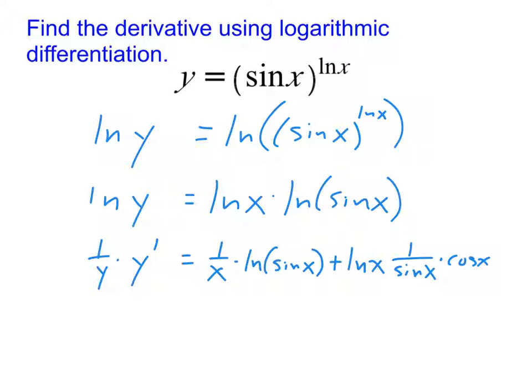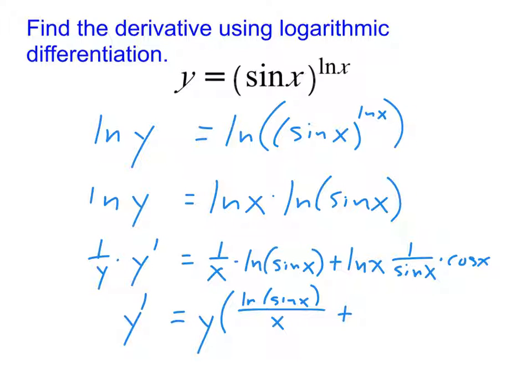From here, it's really a matter of cleanup. Get y prime by itself. So y prime equals y times the natural log of sine x over x, plus, now I have natural log of x times cosine of x over sine x.